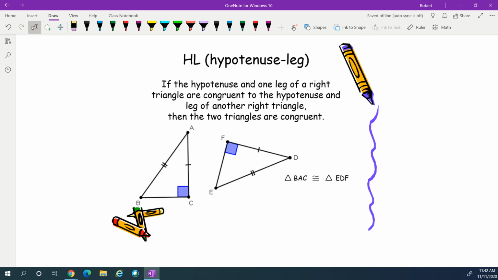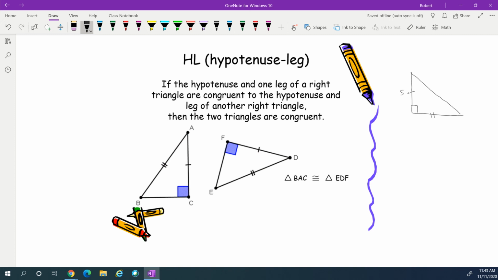Not every right triangle is going to use HL. And I'll give you an example over here on the right. The picture that I just drew on the right, that could not be HL. We don't have the hypotenuse.